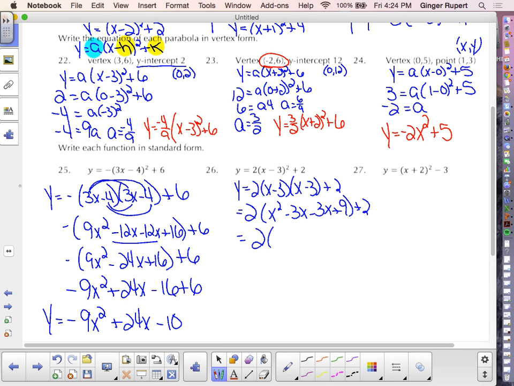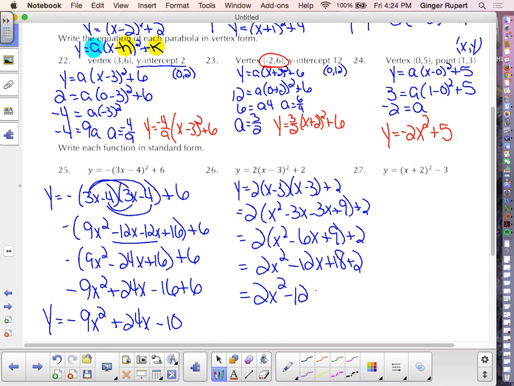So 2 times (x squared minus 6x plus 9) plus 2. Okay, so now I FOILed that correctly. Sorry. Distribute the 2 inside, so you get 2x squared minus 12x plus 18 plus 2. So 2x squared minus 12x plus 20, after you multiply that out.